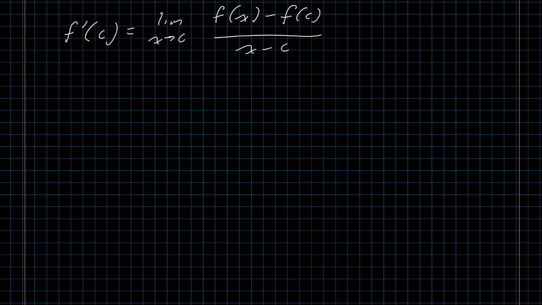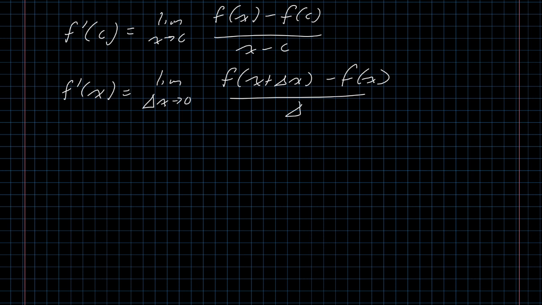Or maybe you remember that f prime of x is equal to the limit as some delta x goes to 0 of f of x plus delta x minus f of x all over delta x.